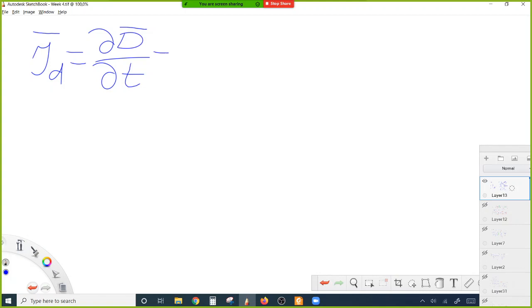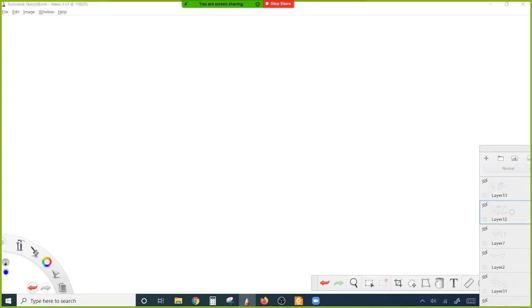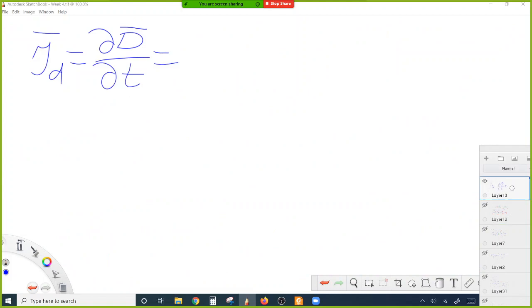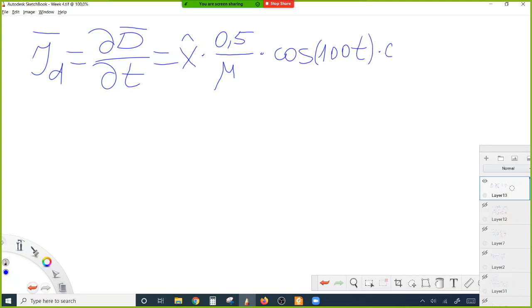We defined that JD is x multiplied by 0.5 over mu multiplied by cosine 100t multiplied by, sorry, not cosine but sine 5z.